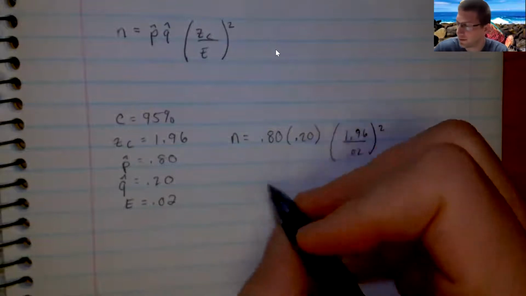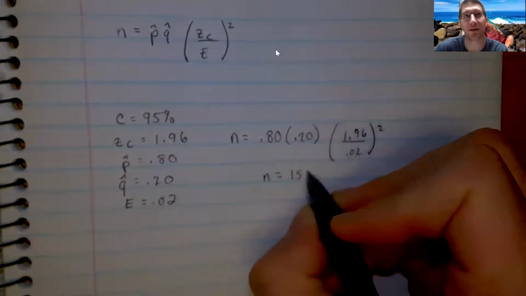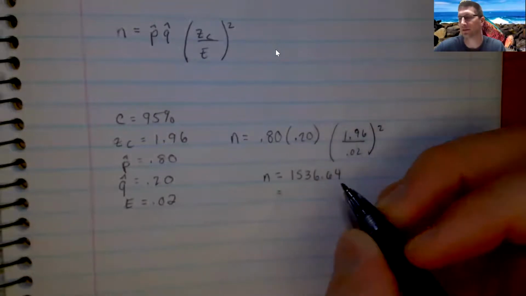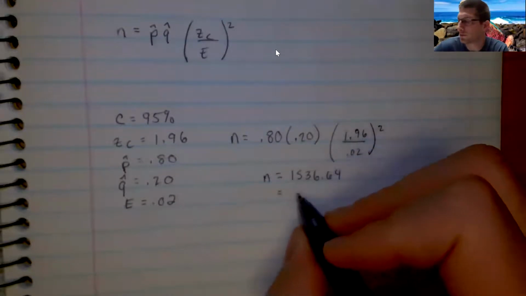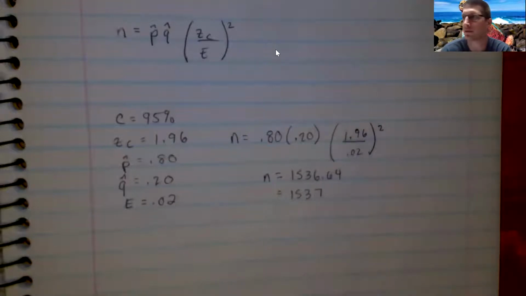That's going to give me an n value of approximately 1,536.64, which, because it's a sample size, number of people having computers, we're going to round up to 1537. So 1537 is going to be your answer for that one.